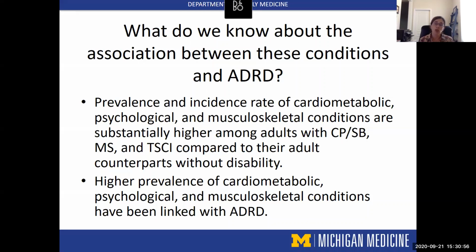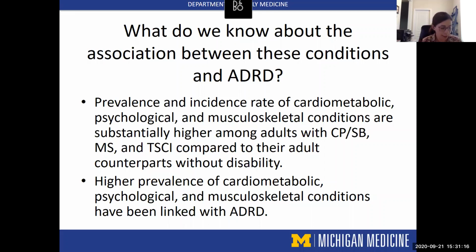But not much is known about cognitive conditions and how these change over time. So this higher prevalence of comorbid conditions is also a risk factor for ADRD.